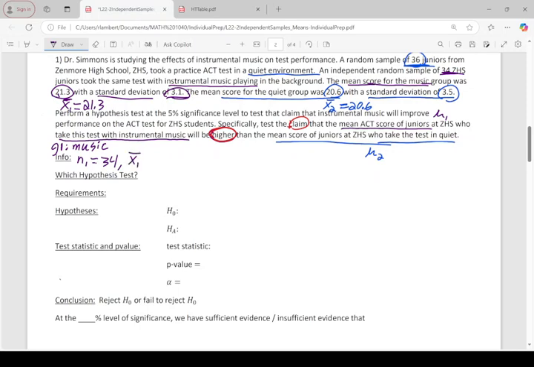That's the number of people in the sample. The mean was 21.3. The standard deviation was 3.1.